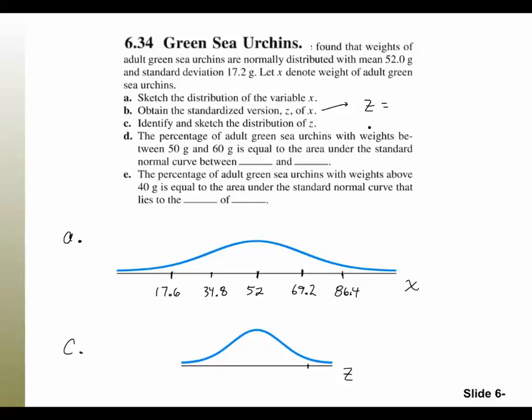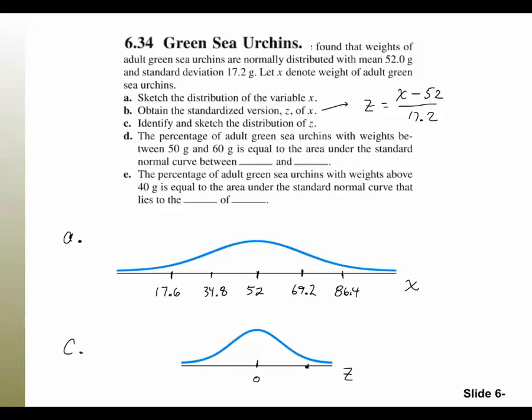Sabrina. That was right from the quiz. It's number 1 on the quiz, right? How do you get the Z score from the X? Scott, did you get it? Yep. X minus 52 divided by 17.2. Okay, so then that would be our Z distribution, and the mean would be, for Z, 0.